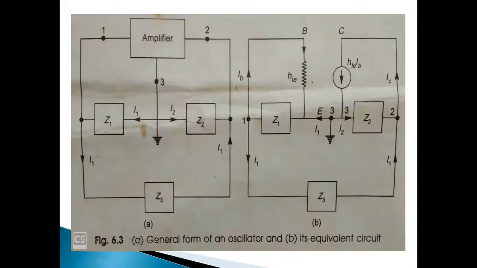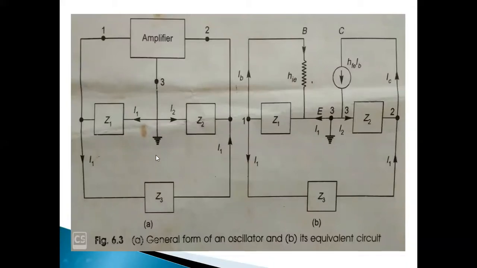Here L and C are the inductive and capacitive reactances, represented by Z1, Z2 and Z3, because in place of Z1, Z2 and Z3, we can take some resistances, inductors or capacitors. So the inductor or capacitor reactances are represented by Z1, Z2 and Z3.